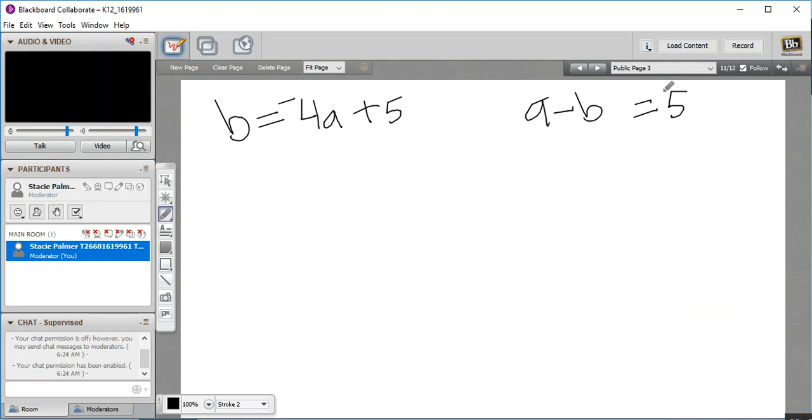You're still using substitution to solve this system of equations. So in order to do that, this is our equation number 1. This is our equation number 2. We want to find the value of a and the value of b.